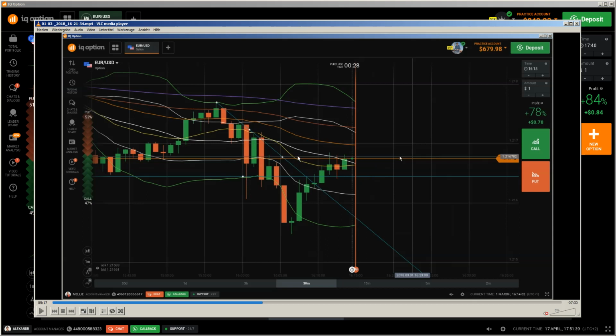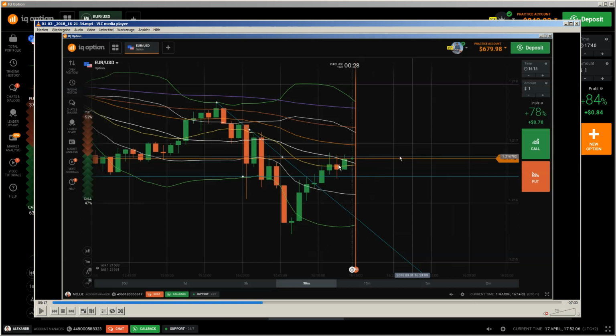Here is some kind of resistance area, and price is doing almost everything to get through this area, and that is how you can identify market pressure. Here is huge buyers' pressure, because there were already 1, 2, 3, 4 attempts to go up, so this area will almost be broken on the next attempt.